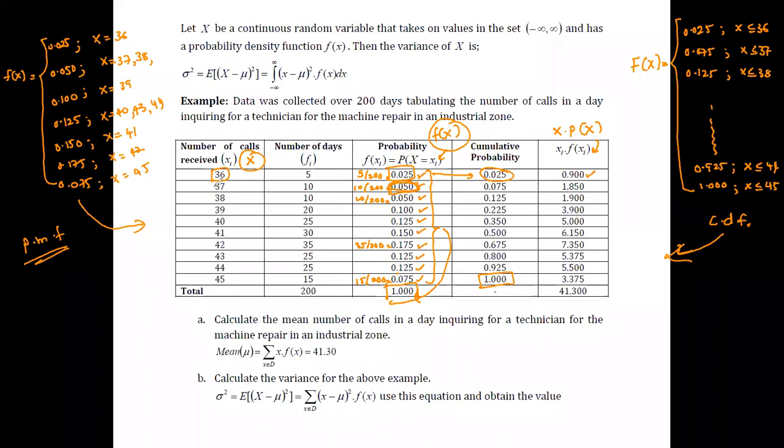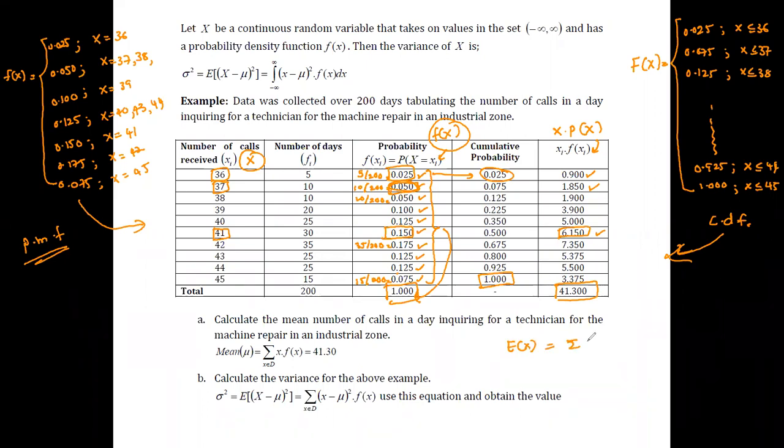Then 0.05 multiplied with 37 gives the value as 1.85. If I randomly choose this value, 0.150 multiplied with 41 results in the value 6.15. Likewise, we have to do the multiplication for these two columns for each row. Then if you get the summation, we are getting the expected value.